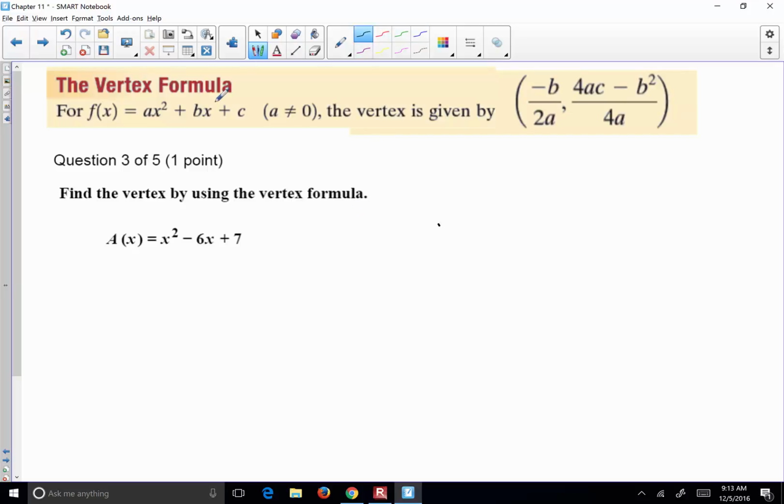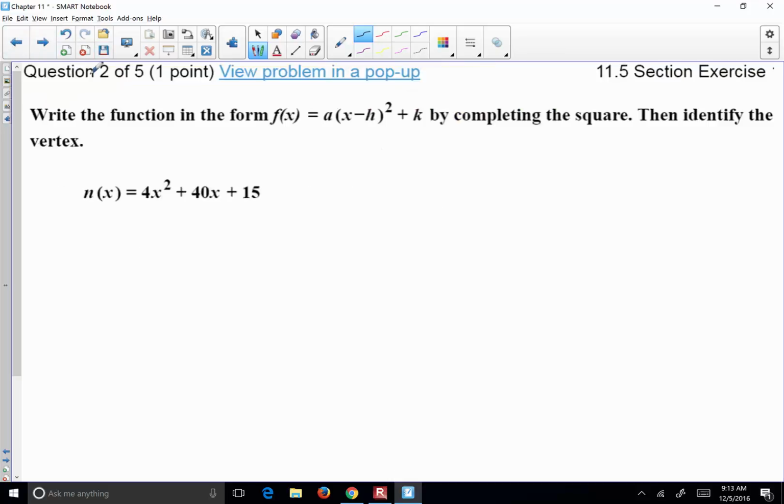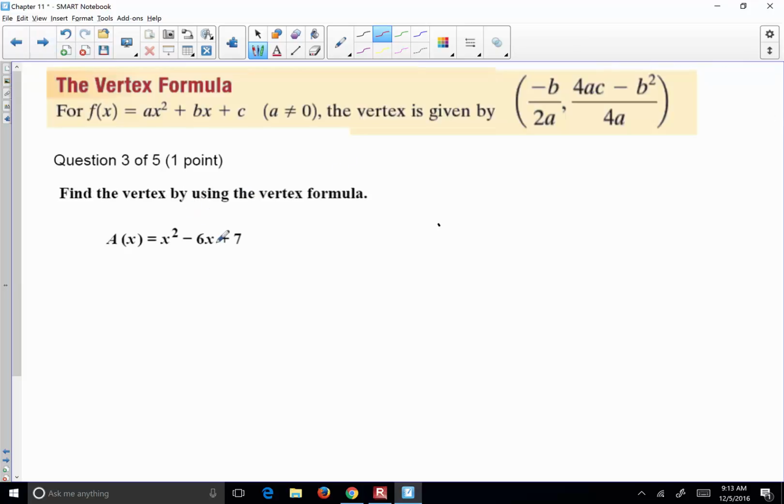It's called the vertex formula. I'm going to give you this formula, but that doesn't mean you need to be applying it all the time. I still want you to learn how to complete the square from last time. I still want you to do these questions by completing the square. This is just an alternative to compare your results, to see if you got the right answer or not. But the vertex can be directly obtained by this formula.